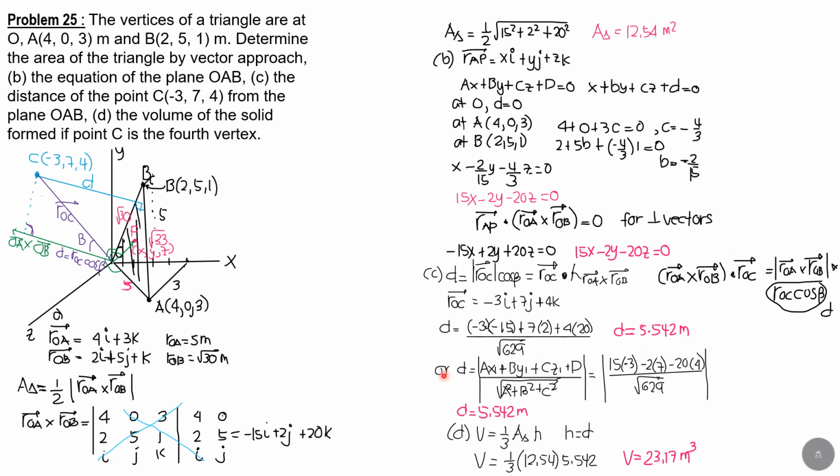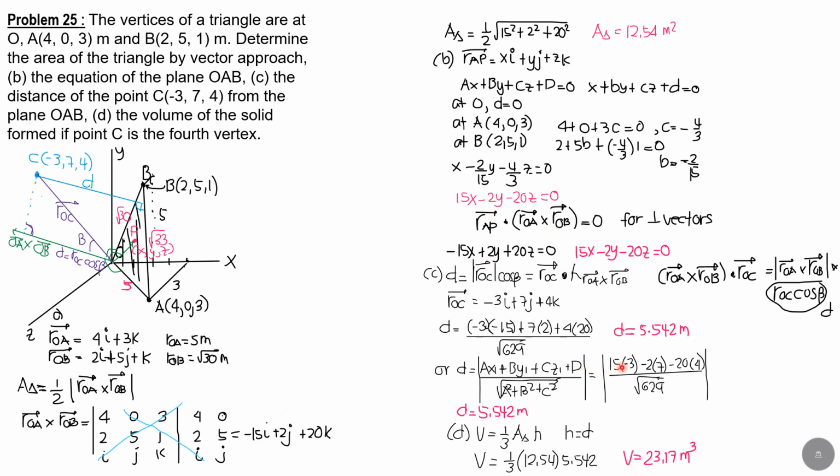Another way is the distance formula from solid geometry. Distance from a point to a plane is the absolute value of ax1 plus by1 plus cz1 plus d over the square root of a squared plus b squared plus c squared, where x1, y1, and z1 are the coordinates of C. So the plane is this.